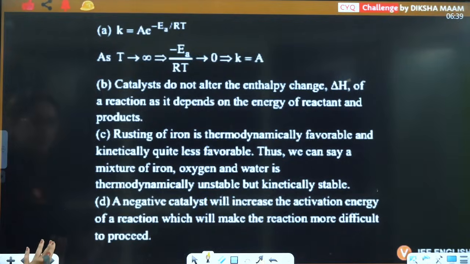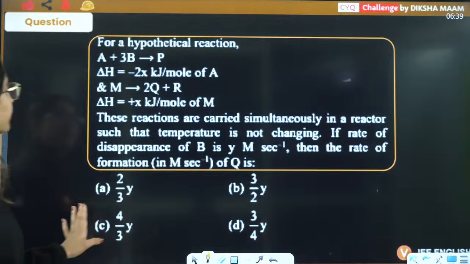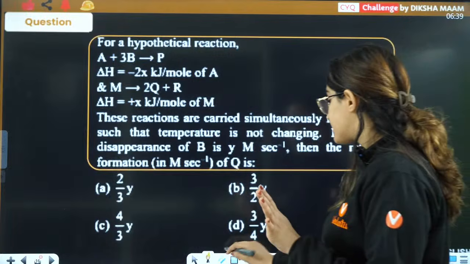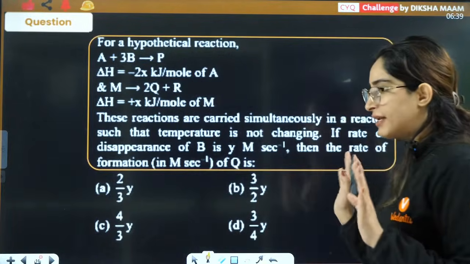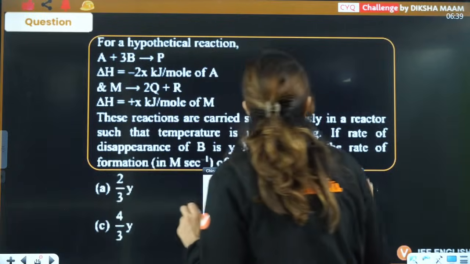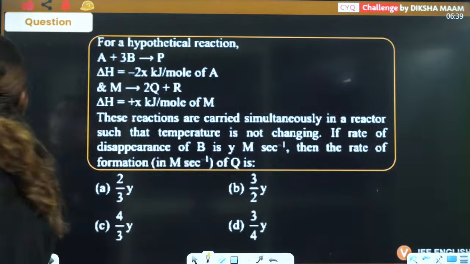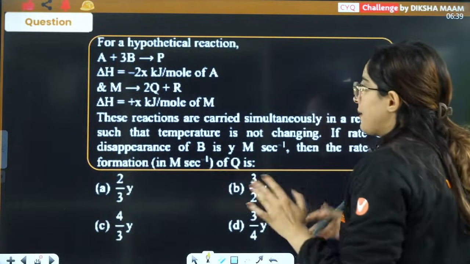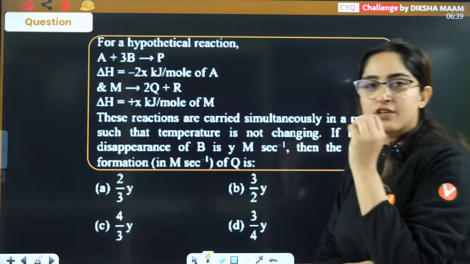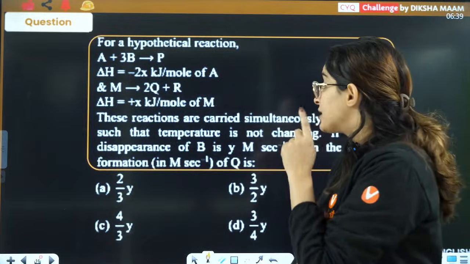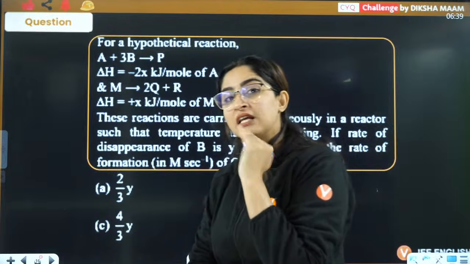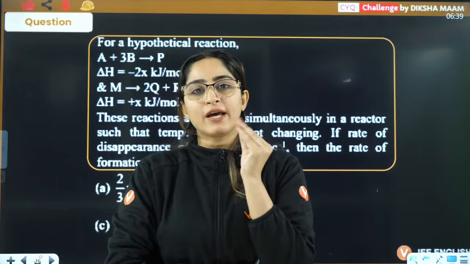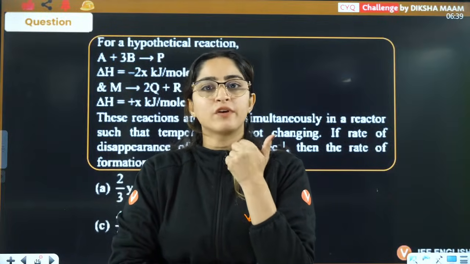Yes. Now next is a hypothetical question. This is a very interesting one. You will have fun doing this question. Let's do this question, everybody. For a hypothetical reaction, instead of taking a simple question, see, in first order reaction, it would be unnecessarily tough if I give you a question even if they are not asked.